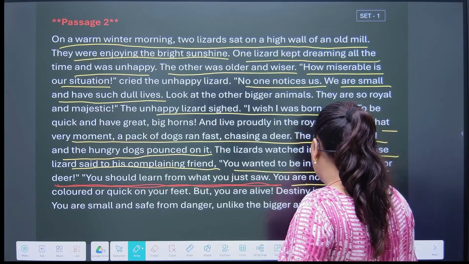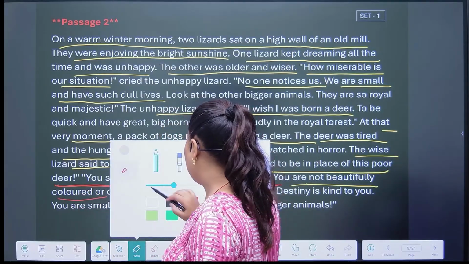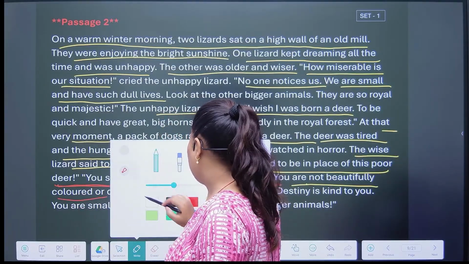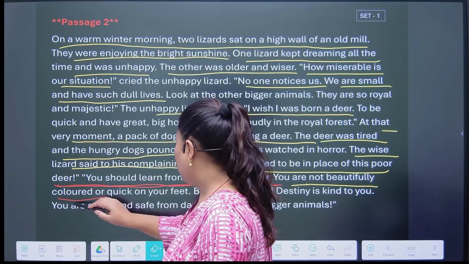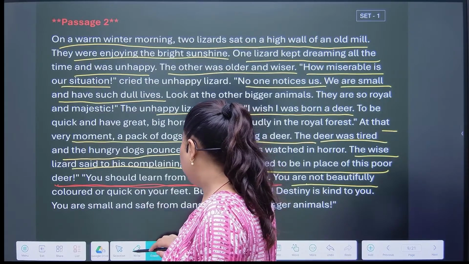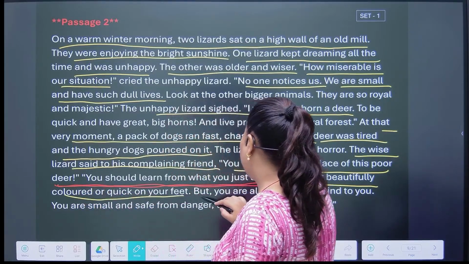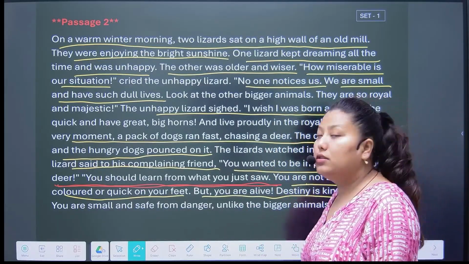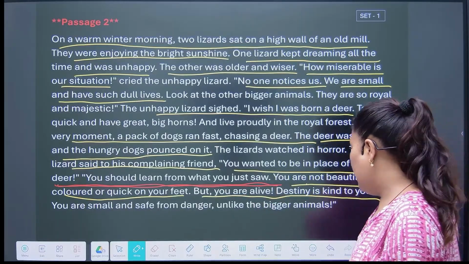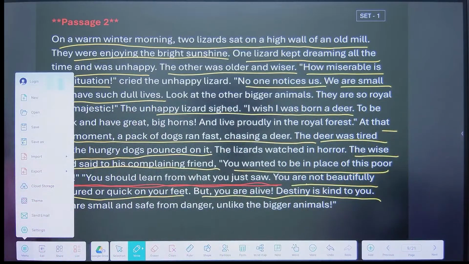You are not beautifully colored or quick on your feet, but you are alive. Destiny is kind to you. So these are the questions, okay? Now we will learn some synonyms and antonyms from this passage.